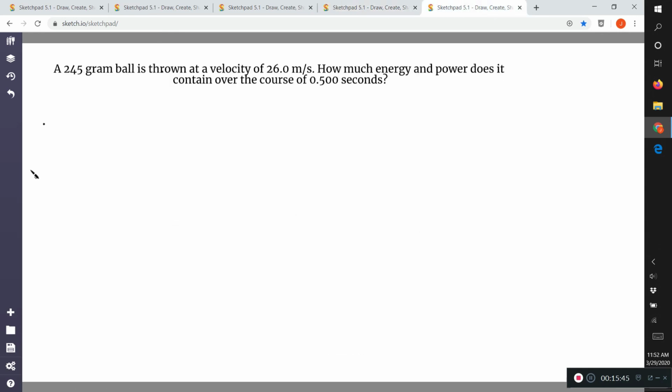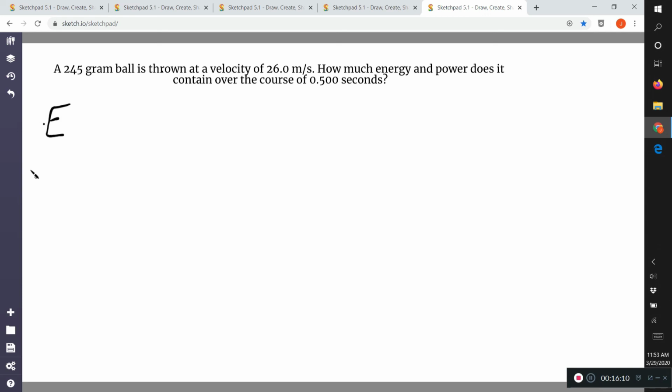All right, and finally, a 245 gram ball is thrown at a velocity of 26.0 meters per second. How much energy and power does it contain over the course of 0.500 seconds? So we're looking for two things here, energy and power. In this particular case, let's start with energy. We're talking about a ball being thrown.